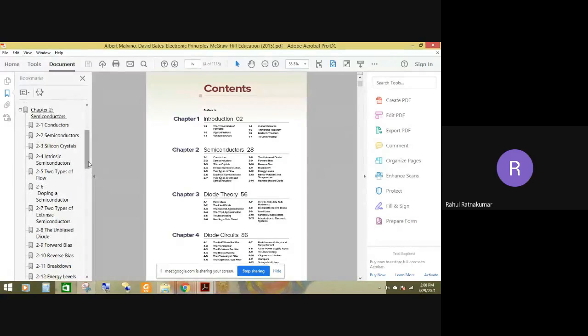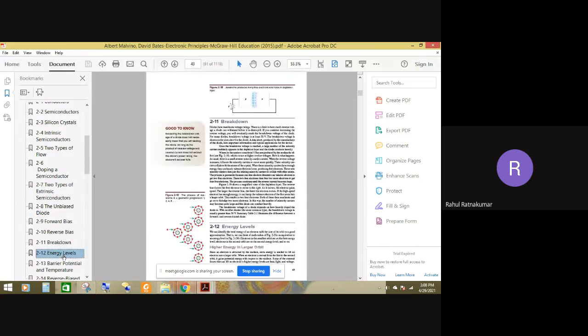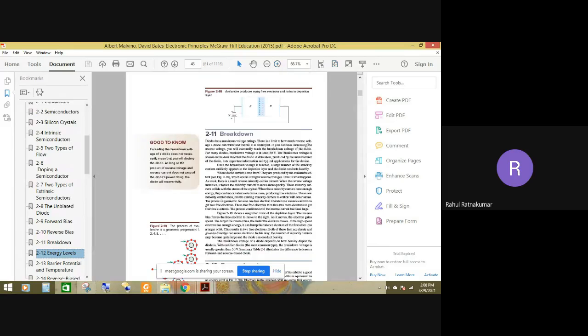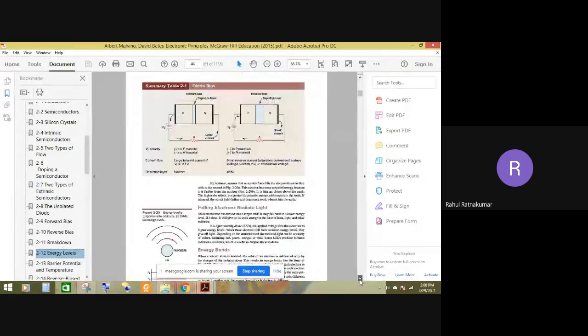For example, we can say germanium devices are faster because the energy band gap is a bit lesser. So we can explain some things using semiconductor physics. It is required, but not as deep, because ultimately we are trying to design circuits, so some basic understanding is required.